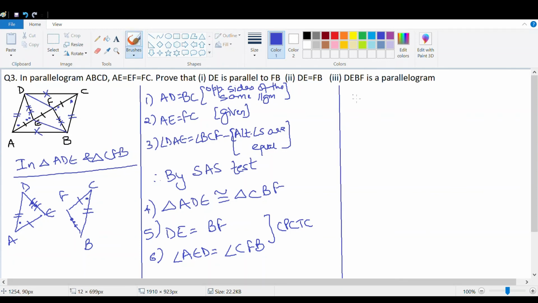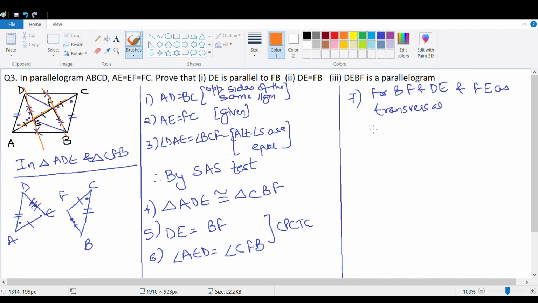Number 7. For BF and DE and FE as transversal. Let me just highlight this with different colors so that you know which lines I'm referring to, and I'm referring to this as the transversal. This angle and this angle are exterior alternate angles. So let's just write them down.